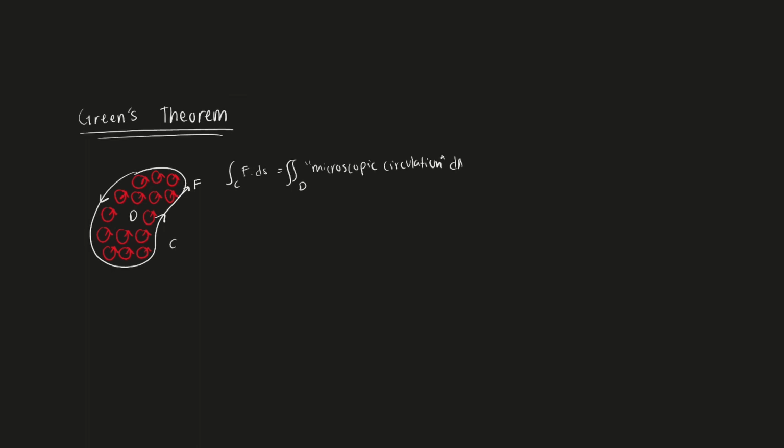So we can find the circulation inside a surface just by doing the line integral. That's what Green's theorem states.